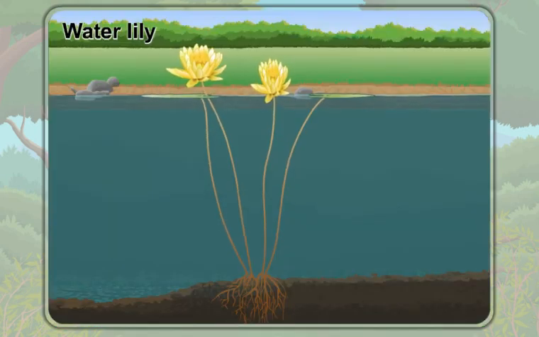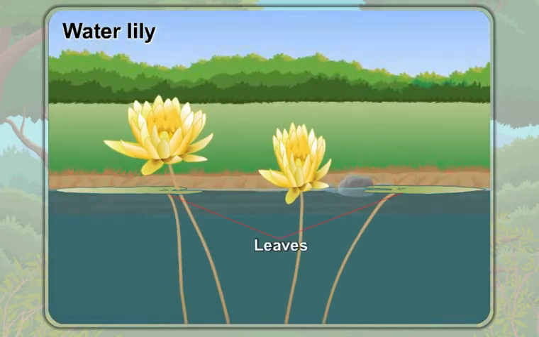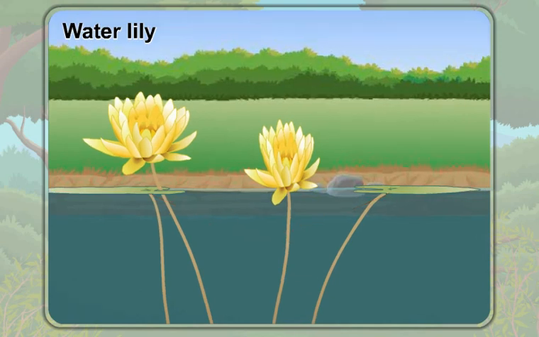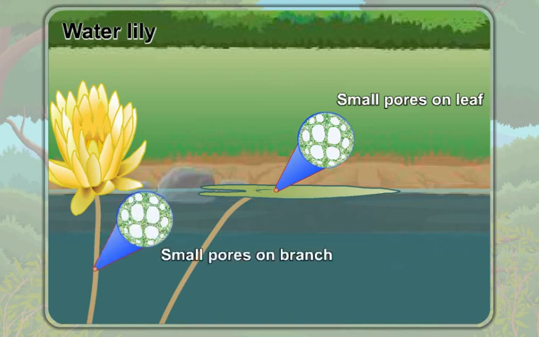Students, you all know that water lily is an aquatic plant. Now, have a look at its leaves. There are small pores on its leaves. There are pores on its branches too.